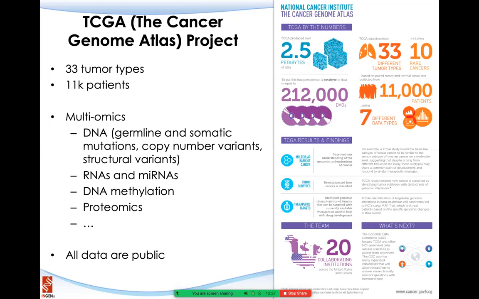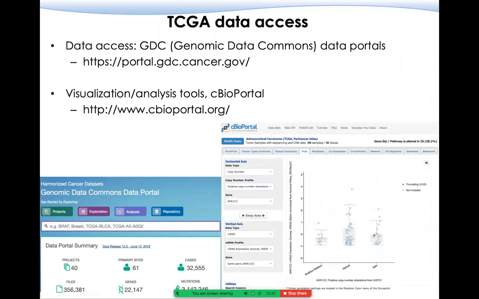All the data are publicly available for tier 3 and tier 4 data, which you can very easily access in the public domain. For the tier 1 and tier 2 data, you do need special permission to download the data from other sources, which you can get through the Genomic Data Commons data portal system, as well as visualizing data with the cBioPortal.